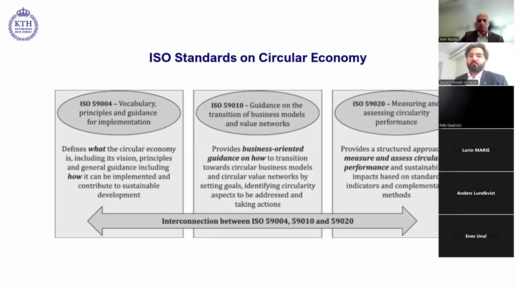This focuses on the business model and how organizations can transition their business models and value networks towards circularity. Then we have another important standard, ISO 59020, which focuses on assessing and measuring circularity and circularity performance. All these standards are highly interdependent on each other. In particular, ISO 59010 depends a lot on both ISO 59004 and ISO 59020. You will see that interconnectedness as we proceed through the webinar today.